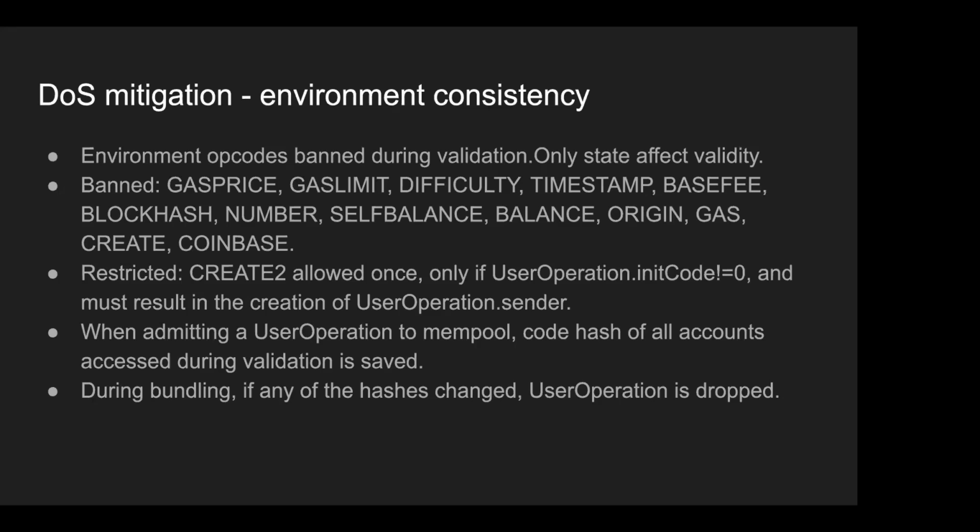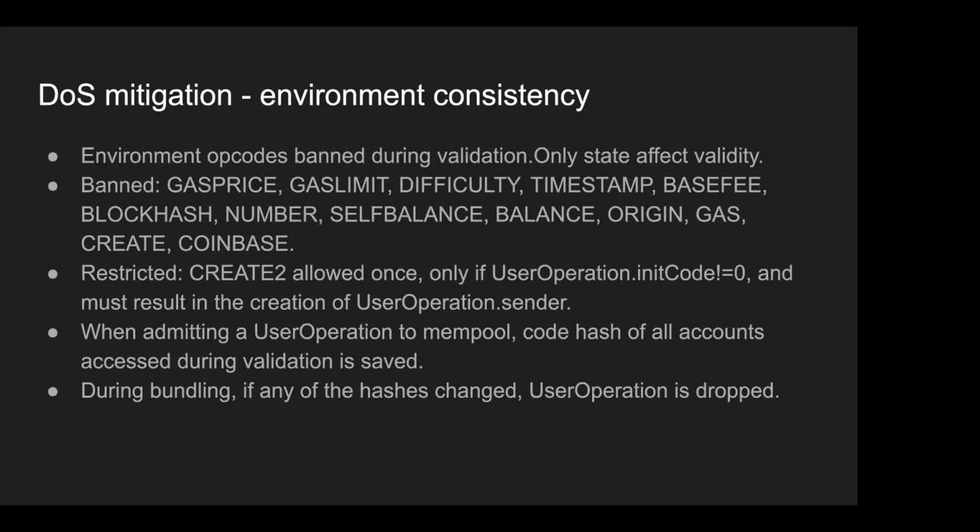And another thing we needed to take care of is code consistency. If the executed code can change in any way, then it could also invalidate a large number of user operations. So when first admitting a user operation to the mempool, when nodes check if it's valid, the bundler also calculates the hash of any account accessed during validation.